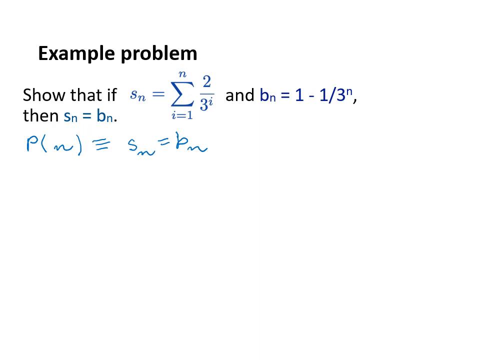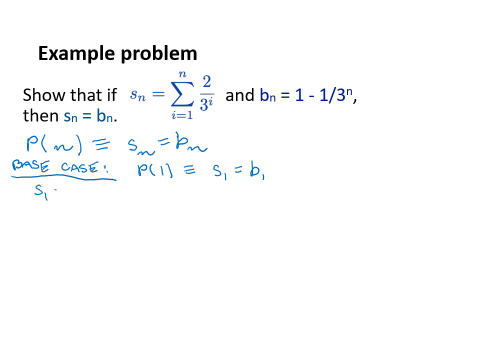Now we want to show the base case. So we want to show that P of 1 holds, which is equivalent to S of 1 is equal to B of 1. So what is S of 1?